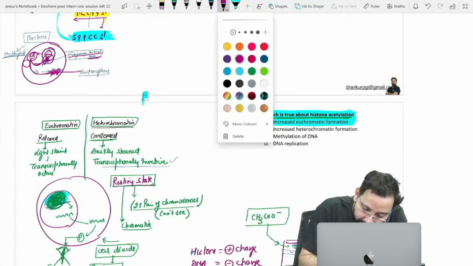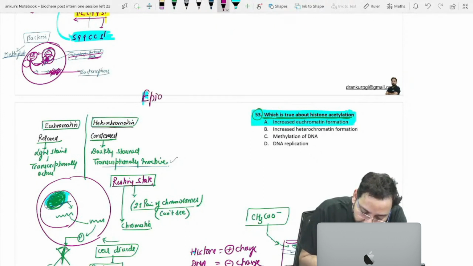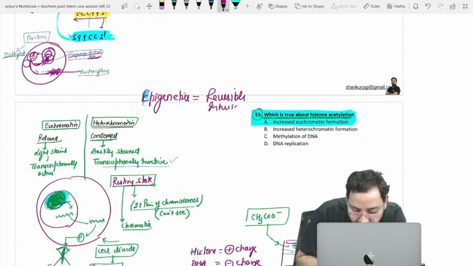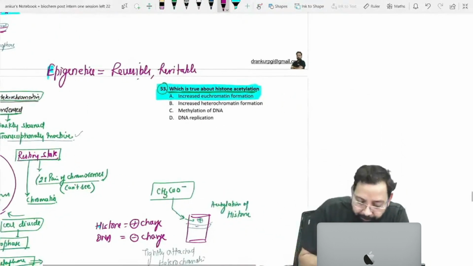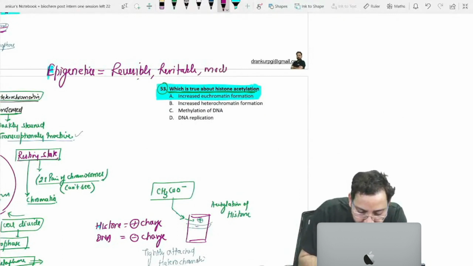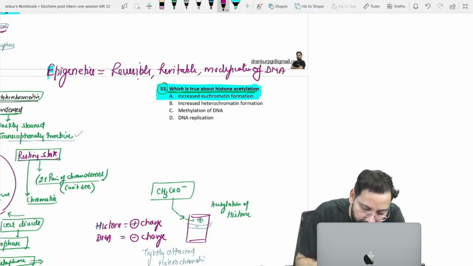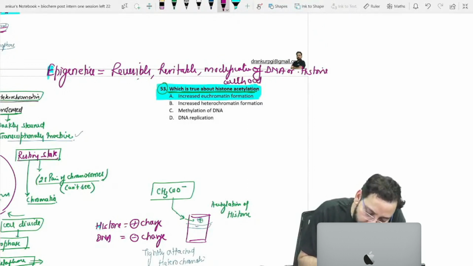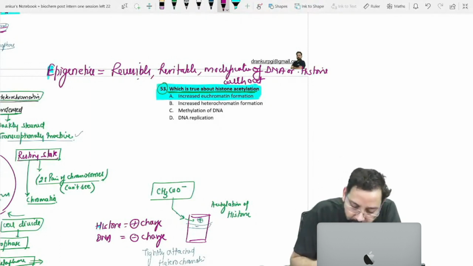So epigenetics is a reversible, heritable modification of DNA or histone without mutation.